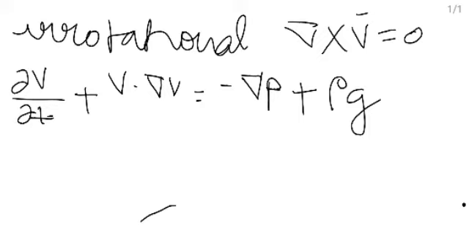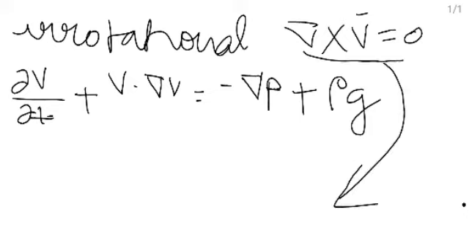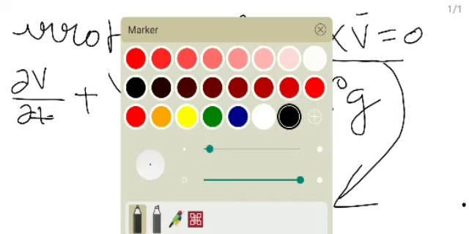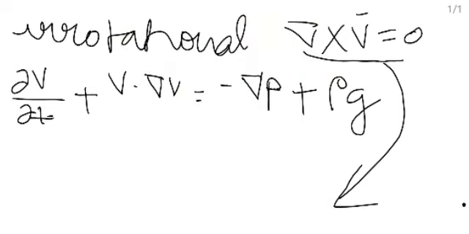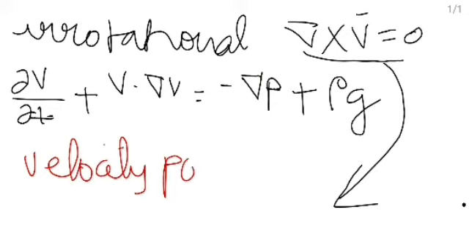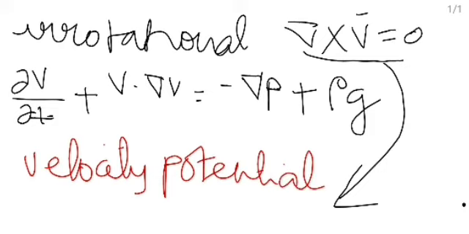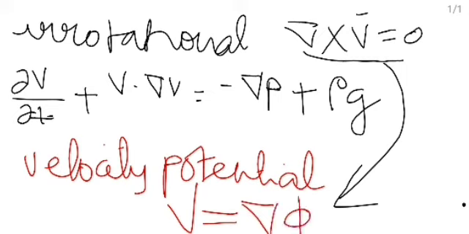Where we will be substituting now this del cross V equal to 0. There I am going to define a new term, velocity potential. That is V equal to del phi. So this will be satisfied.